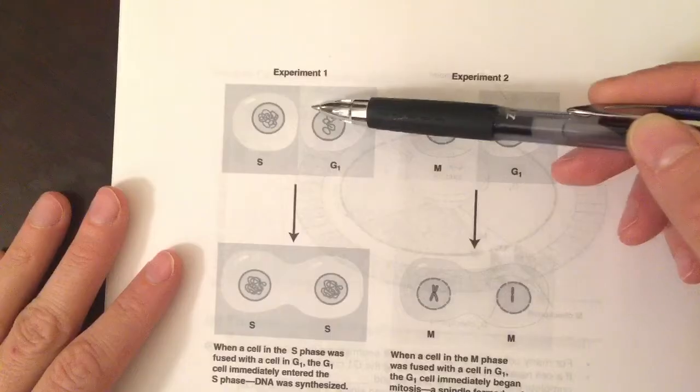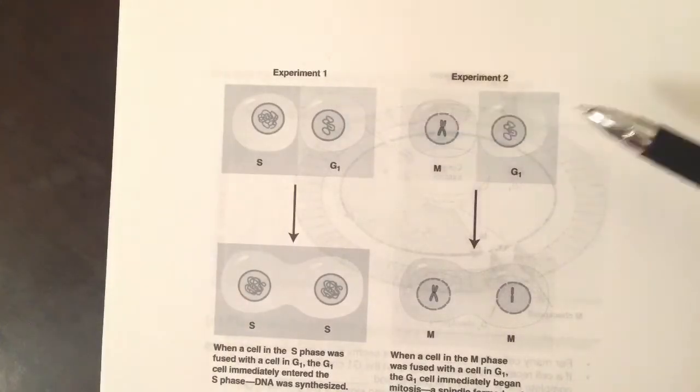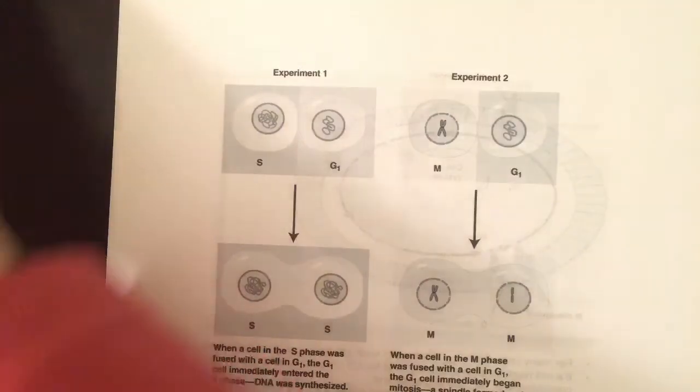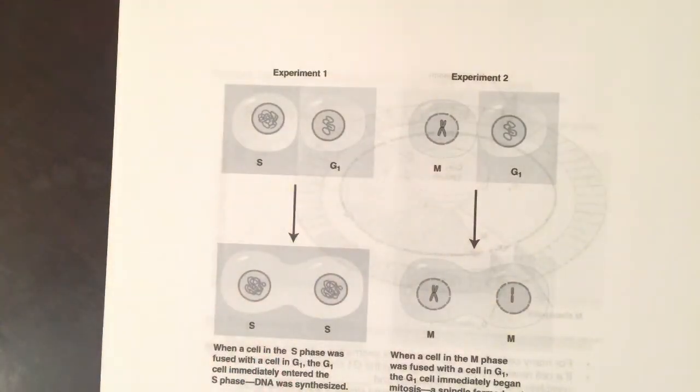Experiment number 1: they took two cells and fused them together. These two cells were in two different stages of the cell cycle. We just learned in the last video about interphase being made up of the G1, S, and G2 phases, and that mitosis, the M phase, is the prophase, prometaphase, and so on.